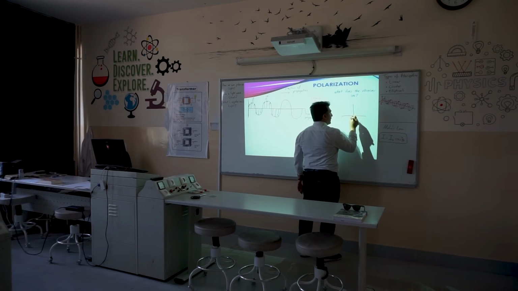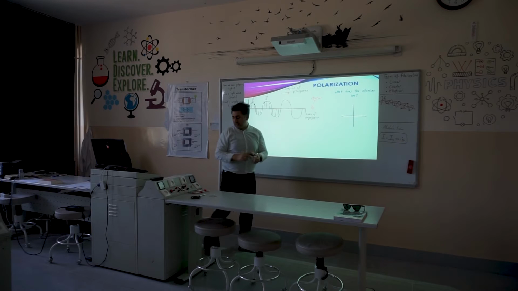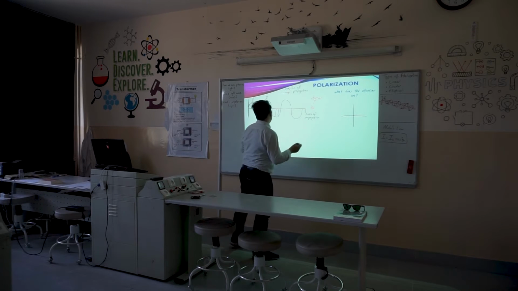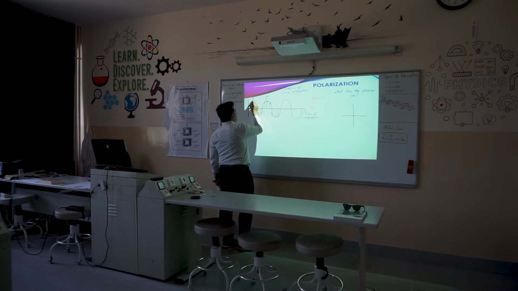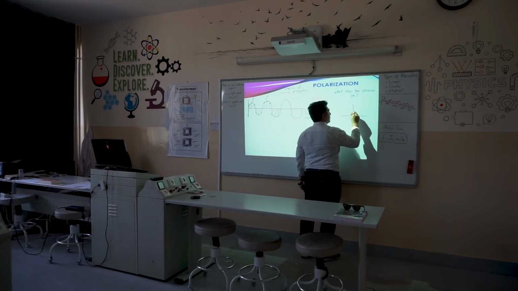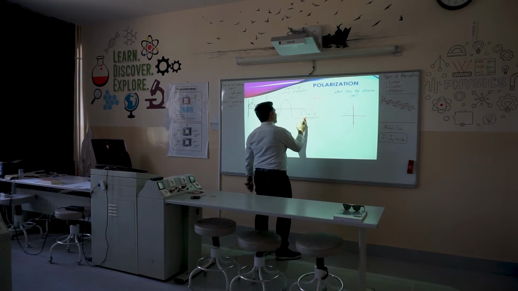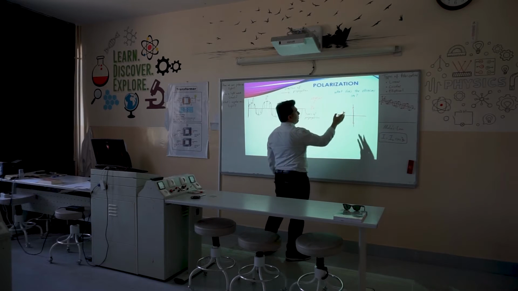When we look at this vertical line, we will see that the electric field is up and down. The observer sees that the electric field of the coming ray is up and down.